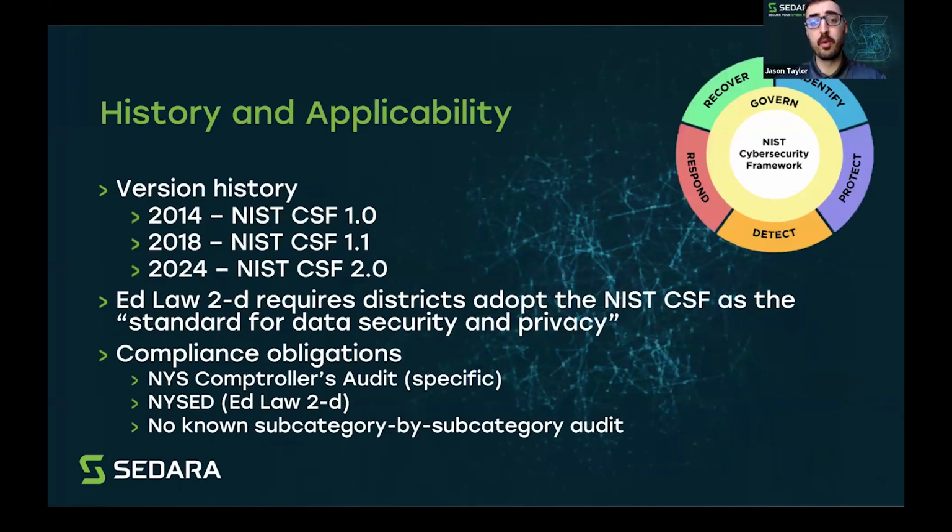So the framework's been around a while, and as I mentioned, it was recently updated in 2024. And it's important, not just because it is best practice in the industry and also CISA is recommending it, but in New York State, the Ed Law 2-D requires school districts to adopt the NIST CSF as their standard for data security and privacy.